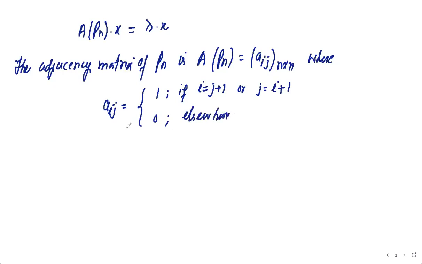That is, the super diagonal and the sub-diagonal entries are all equal to 1, and all the remaining entries are equal to 0.